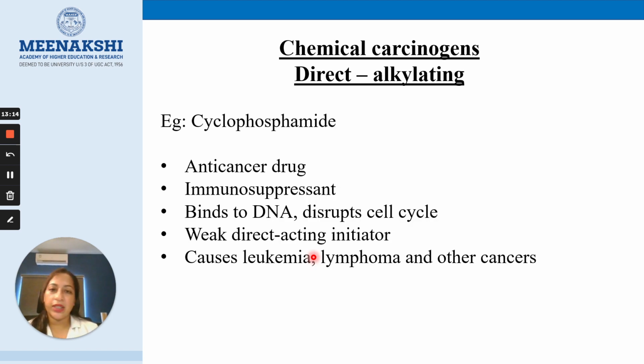So a little bit about chemical carcinogens. If you're asked about the directly acting alkylating carcinogen, it's cyclophosphamide, one of the very commonly used cancer drugs. They are immunosuppressants, they bind to DNA, and they disrupt cell cycles. They are weakly acting, but they can act very well when given in high doses. They can cause leukemias, lymphomas, and many other cancers.